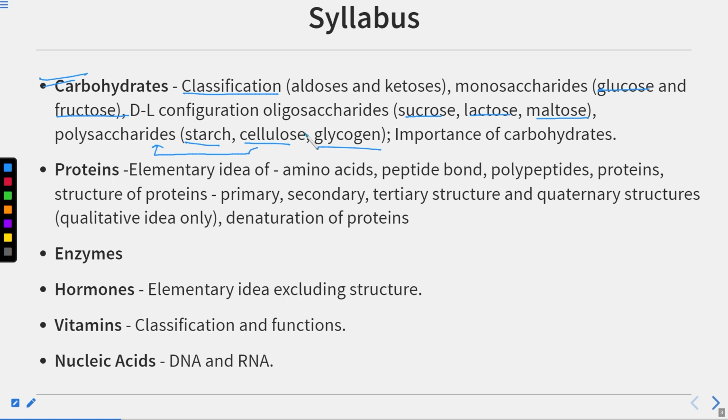Clear? Now next we have seen the osazone formation. So what happens in osazone formation? If we treat our carbohydrate with phenylhydrazine, it results in the formation of carbohydrate osazone, and these can be crystallized easily, which is difficult in the case of sugar.